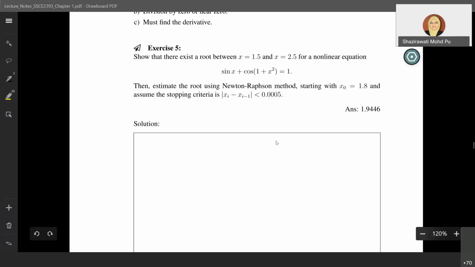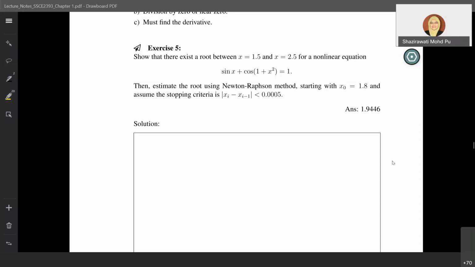Sufyan, I don't get your questions. When to use which? What do you mean by that? Oh, you mean when to use the bisection or when to use the Newton-Raphson? Okay.